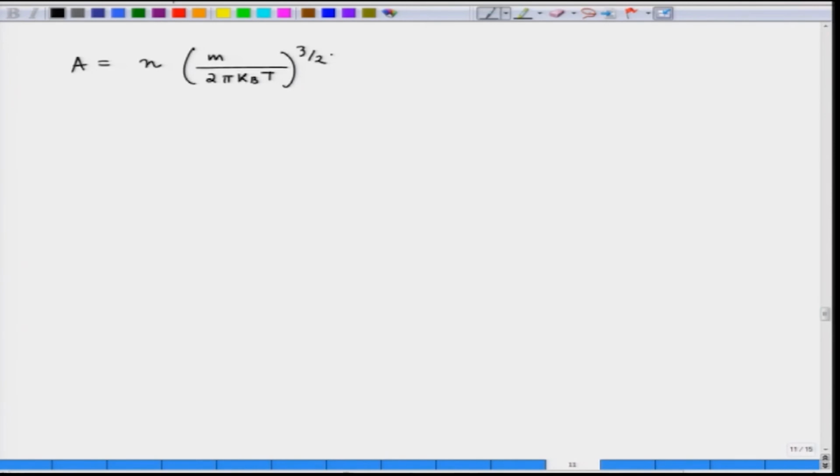Now, finally, inserting all these things, we have the final form of f 0, which should look like n times m by 2 pi kBT to the 3 by 2 e to the minus m u square by 2 kBT.